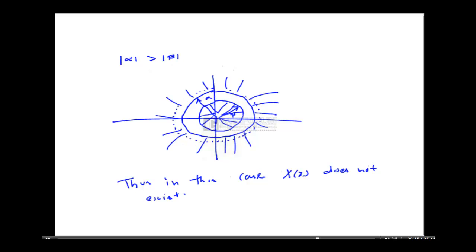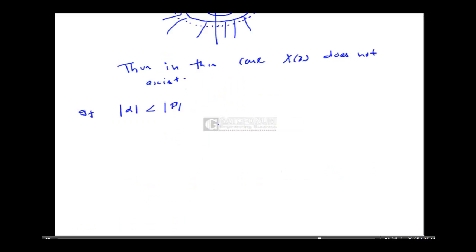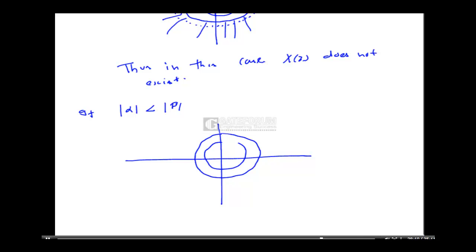Okay, now take the other case, when mod beta is greater than mod alpha. Now what will happen? If I draw again a unit circle, circle of radius alpha is here, circle of radius beta is here.